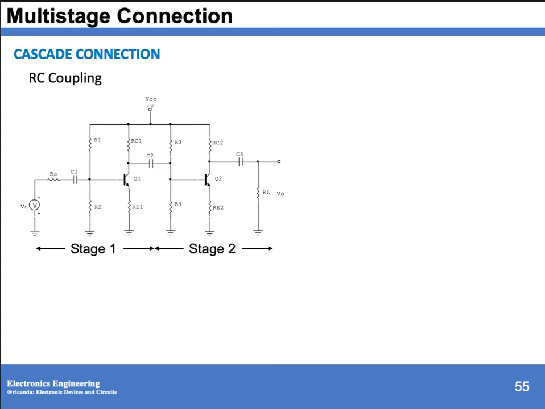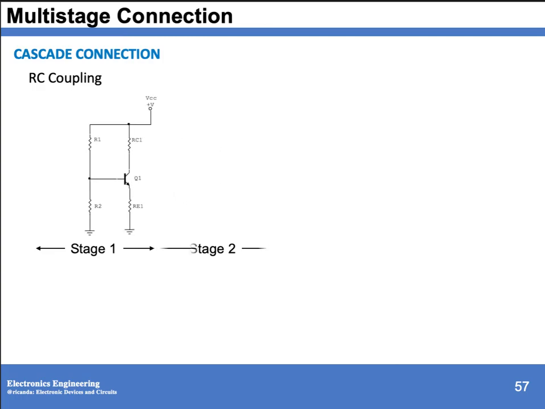So the coupling device is the capacitor. During DC analysis, the capacitor is open. So stage 1 is independent of stage 2, and we can solve the stages individually.